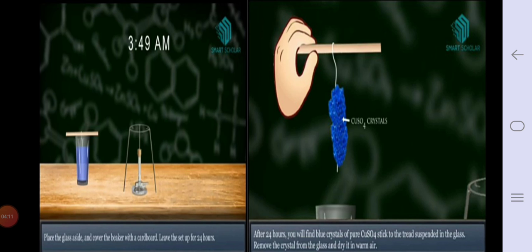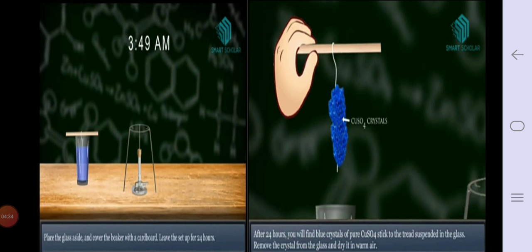Leave the setup for 24 hours. You can see in the first picture, whatever solution we have prepared, we have poured in the glass. With the help of the thread, you can see in another picture how they have tied the thread to the wooden rod, and that thread and that solution is kept aside for 24 hours.